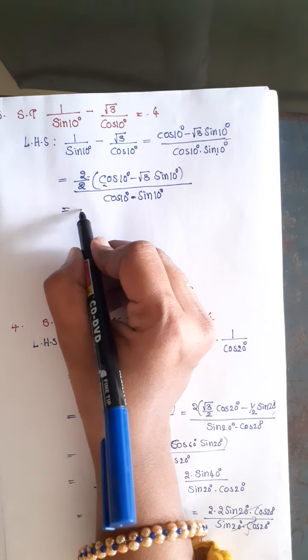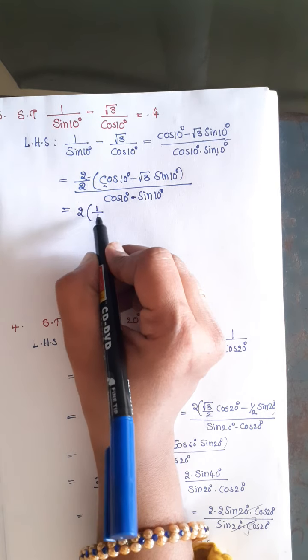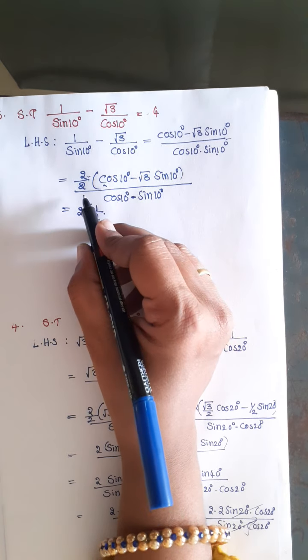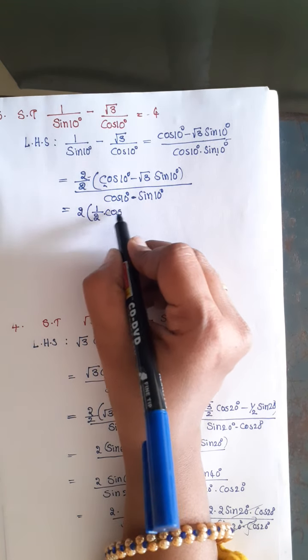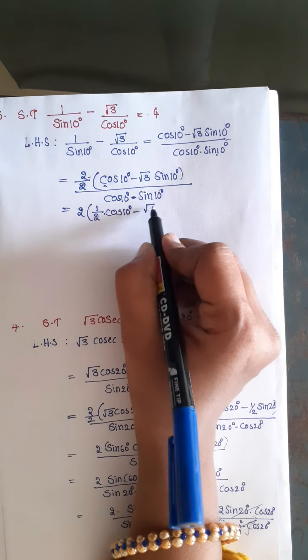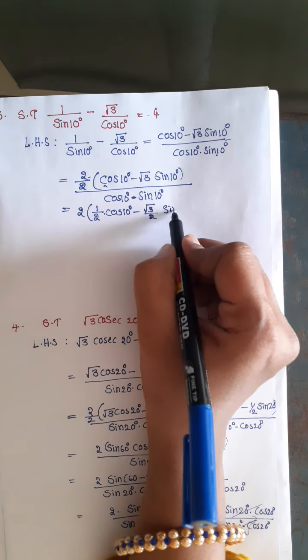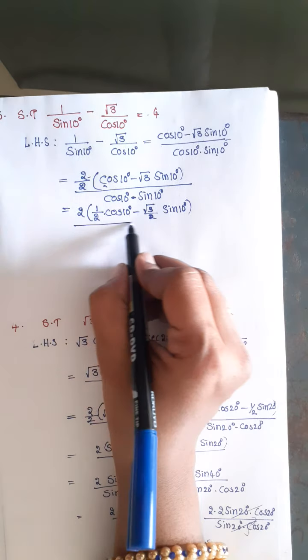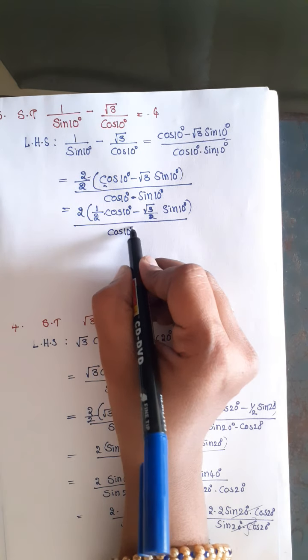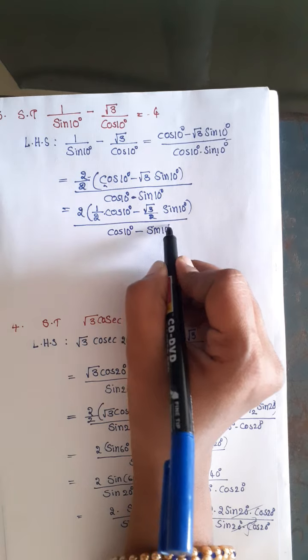So I am leaving this 2 as it is, I am sending the denominator 2 inside, that is 1 by 2 inside the bracket: 1 by 2 cos 10 minus root 3 by 2 sin 10, by cos 10 degrees into sin 10 degrees.